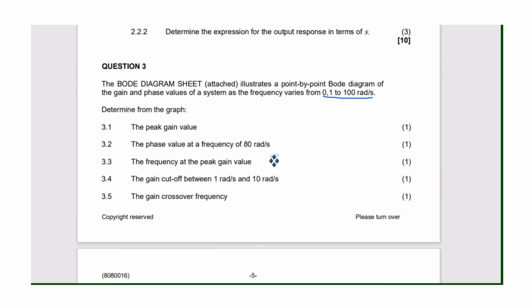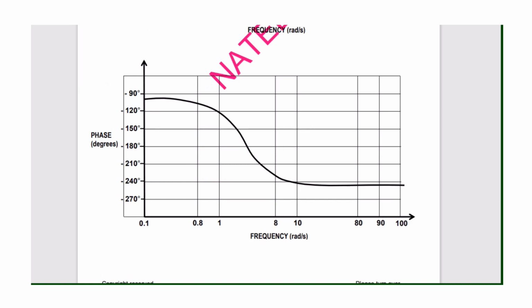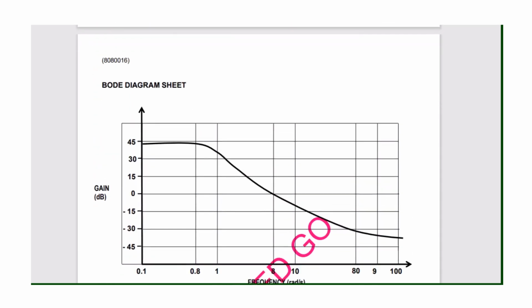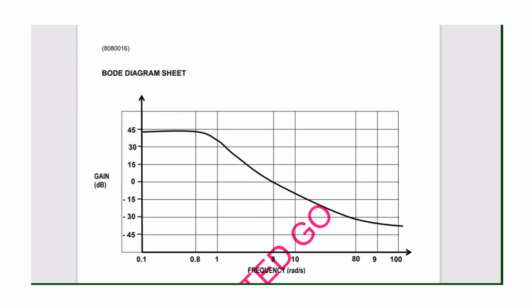So we are now going to our graph to check that. Oh, this is phase. Make sure you also check the appropriate graph because they said peak gain value. So the maximum looks like it's somewhere close to 45. It doesn't touch 45, but somewhere close.